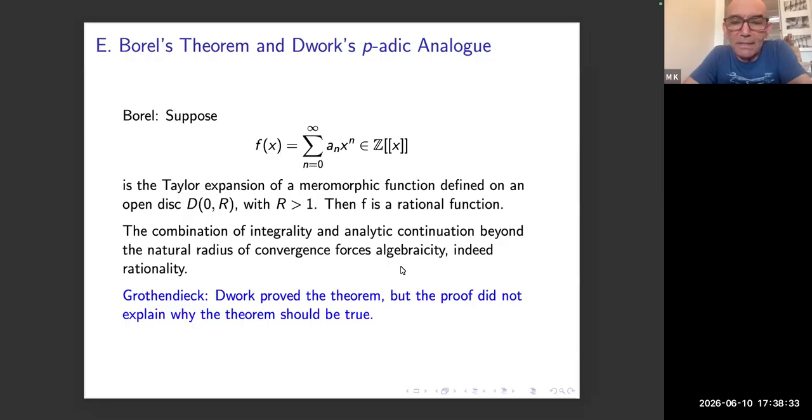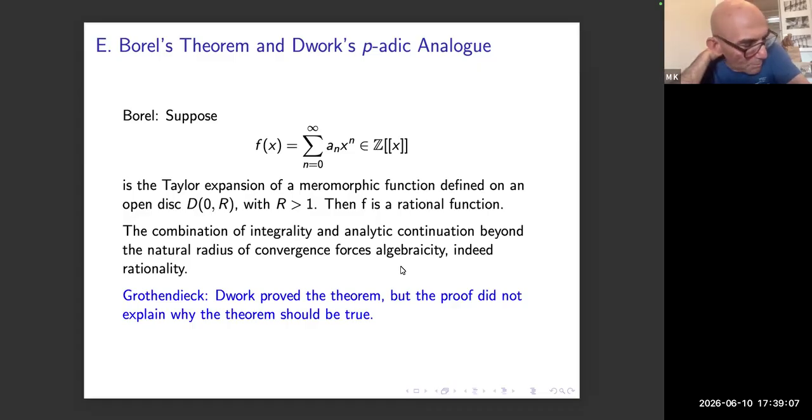It is a fascinating theorem of complex analysis: if you have a meromorphic function which has a power series expansion with integer coefficients, and if it has radius of convergence bigger than 1, then that meromorphic function is a rational function. So you see that integrality of coefficients and the bigness of the radius of convergence forces rationality.